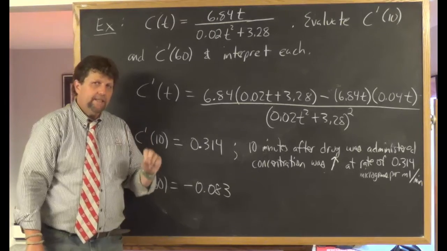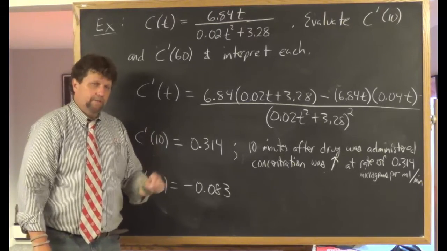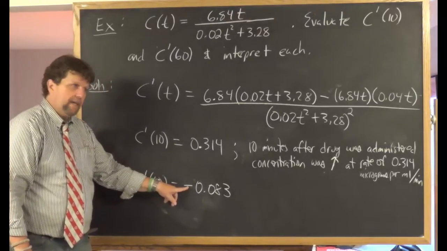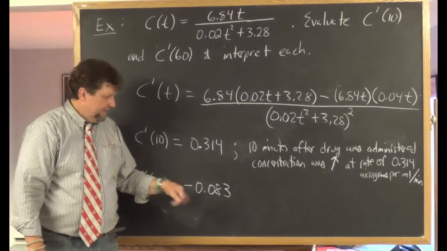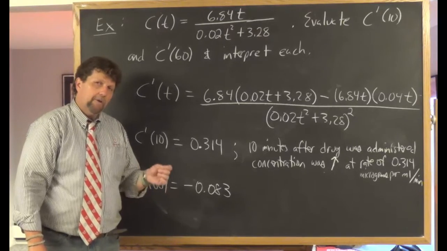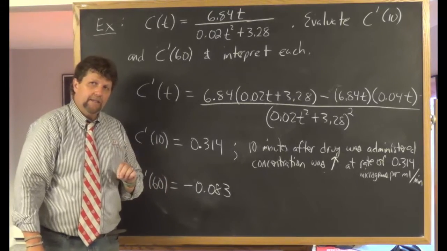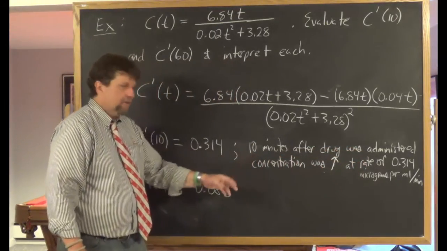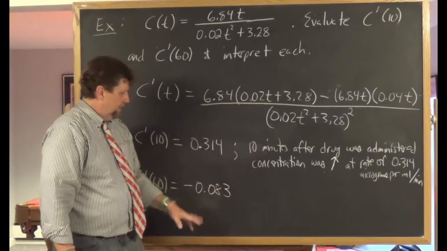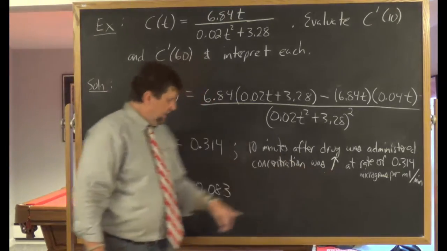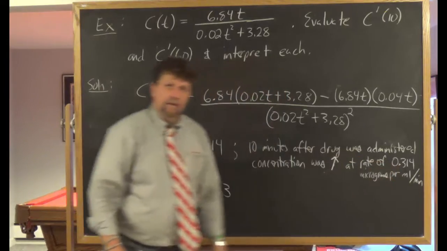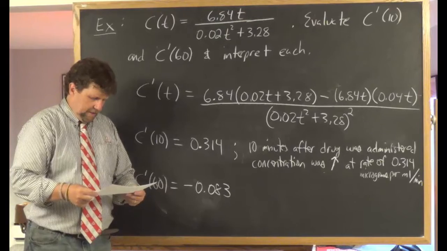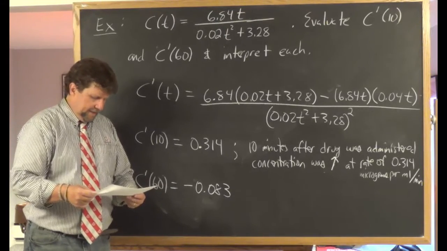So it means 60 minutes after the drug was administered, the concentration was decreasing at a rate of 0.083 micrograms per milliliter per minute. It's the same structure as this interpretation. It's just that t changes to 60. The negative means it was decreasing, and then that number goes there. So that's the example. Hopefully that's making sense.